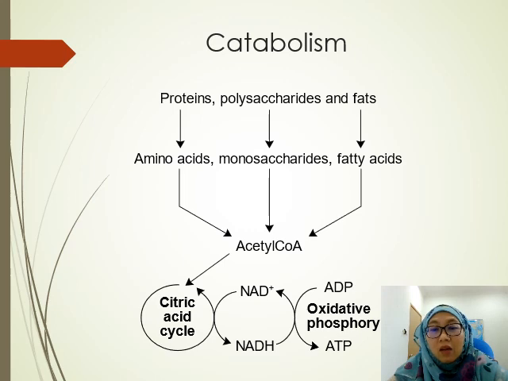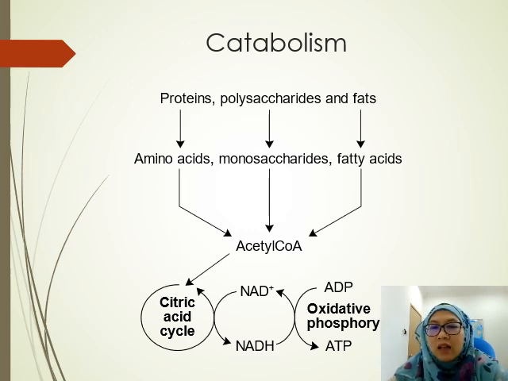So again, what is catabolism? It is the breakdown of large biomolecules into smaller molecules. Examples of the molecules that cells normally catabolize are proteins, polysaccharides, and fats. They degrade these into amino acids, monosaccharides, and fatty acids.